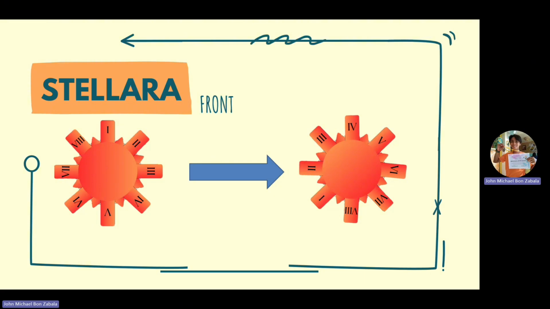As you can see, 1 and 4 interchange their positions. The 1 moved to the position of 4.